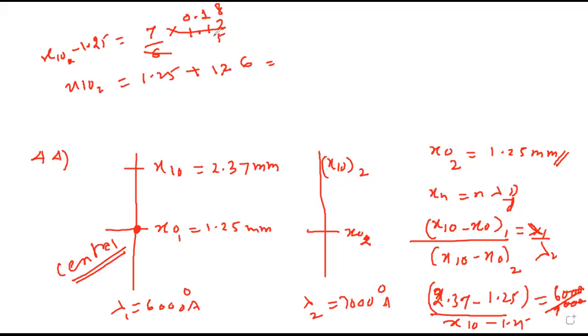So this will be close to 2.51 and 1.25. Therefore it will be close to option A. Close to option A is the required answer.